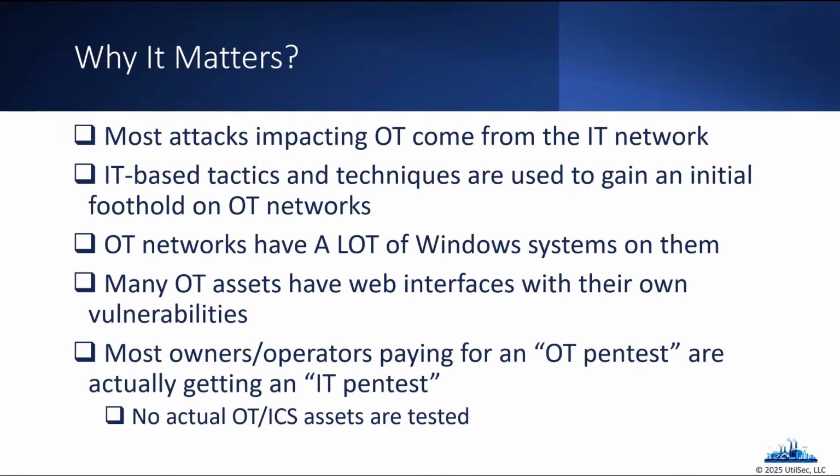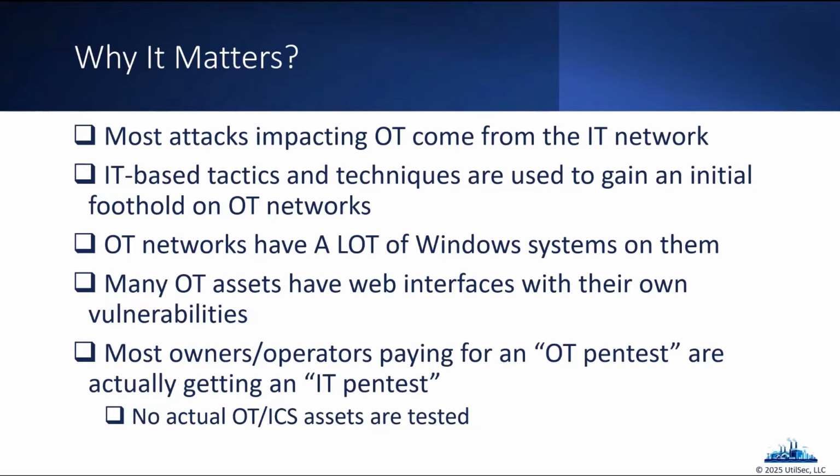And then it goes back to what we touched on in the last section: when you look at the majority of industrial organizations, the owners and operators of these OT environments reach out because they want an OT pen test, but they're really just paying for an IT pen test. Things like an assumed breach scenario where we give them access to the IT network and then they try to pivot or move into the OT network from IT, like a real attacker or a piece of ransomware might.